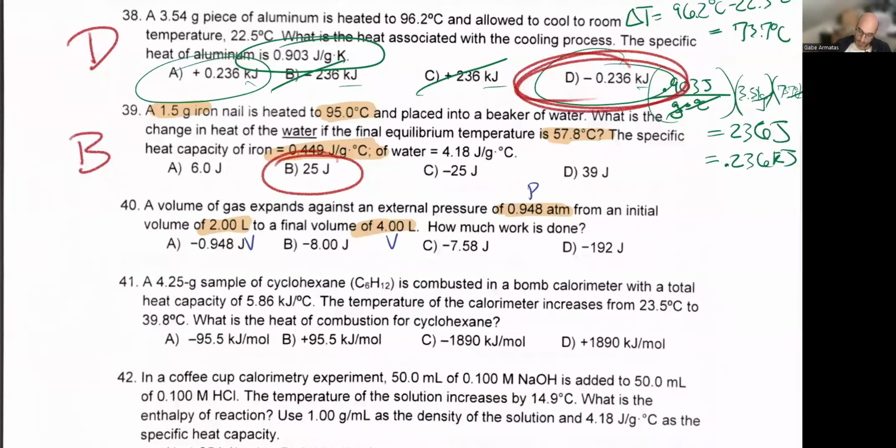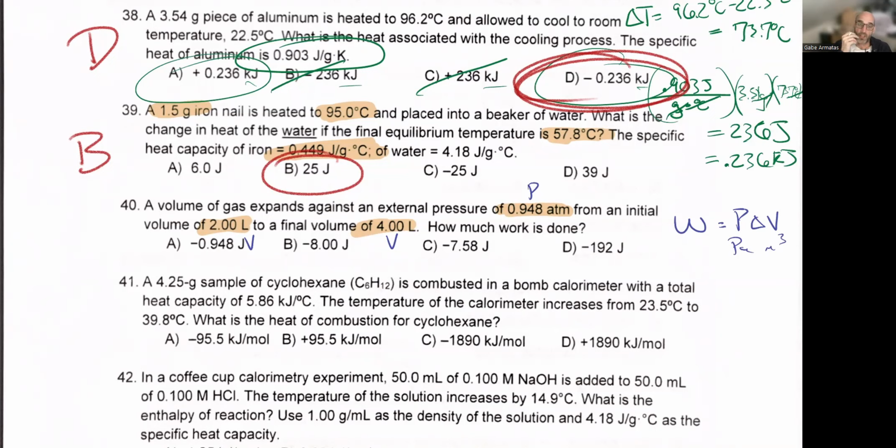So work is equal to pressure times, or essentially force, which is pressure times displacement. Okay. You want to make sure that your pressure is in pascals and your volume is in meters cubed, or you could do kilopascals, but anyway, meters cubed. I don't know what equations you guys are actually getting for here, but typically you want to switch to pascals and meters cubed.